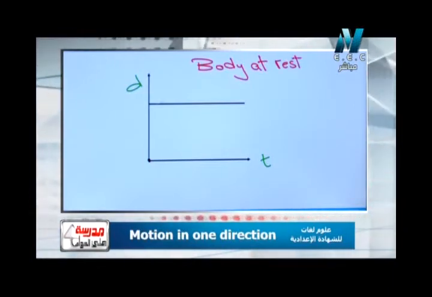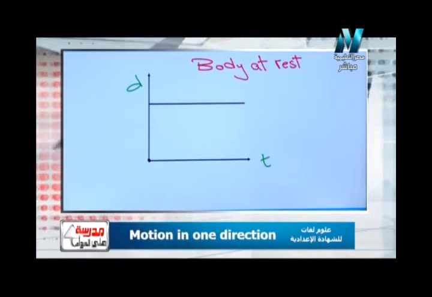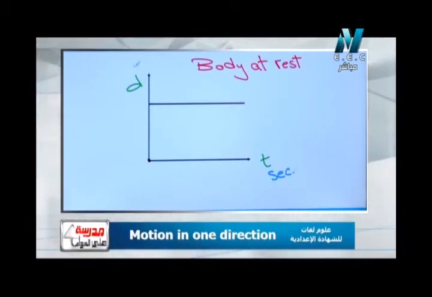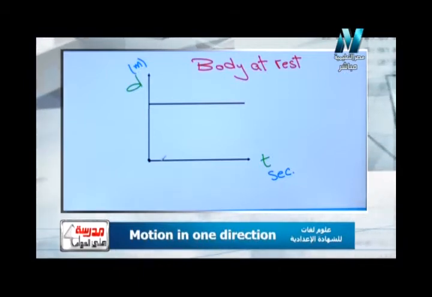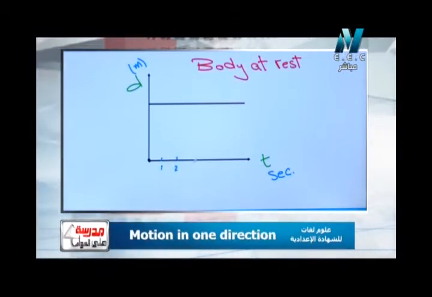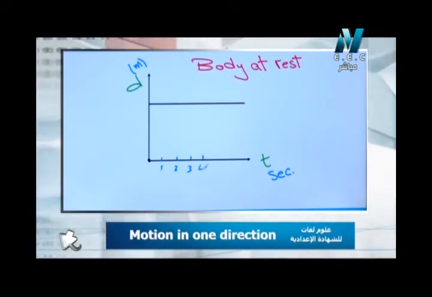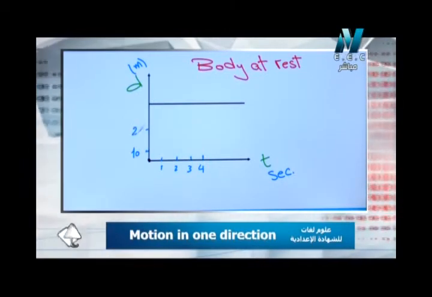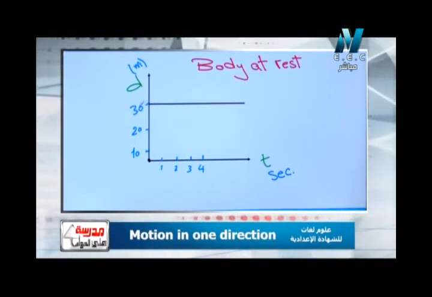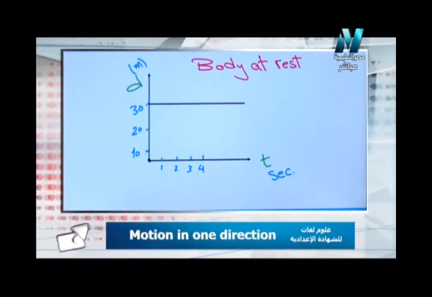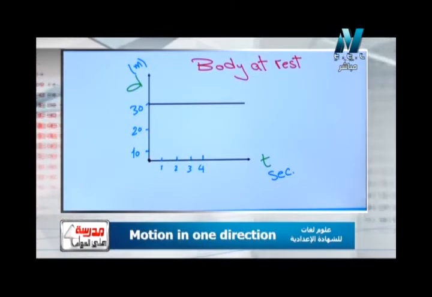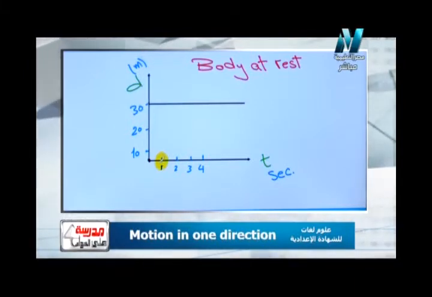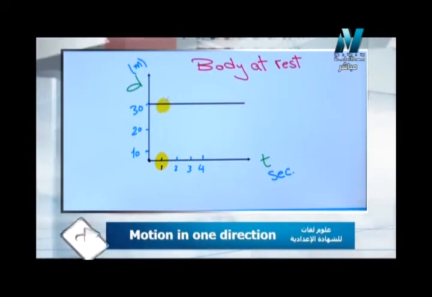Why? Because the body here is not in motion. If we put points on the graph, with time in seconds and distance in meters, for example 1 second, 2 seconds, 3 seconds, 4 seconds, and distance in meters as 10 meters, 20 meters, 30 meters, as we move along the straight line parallel to the time axis: after 1 second, the body is at a distance of how many? 30 meters.